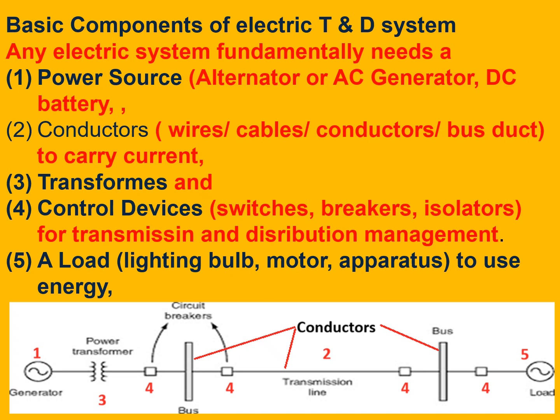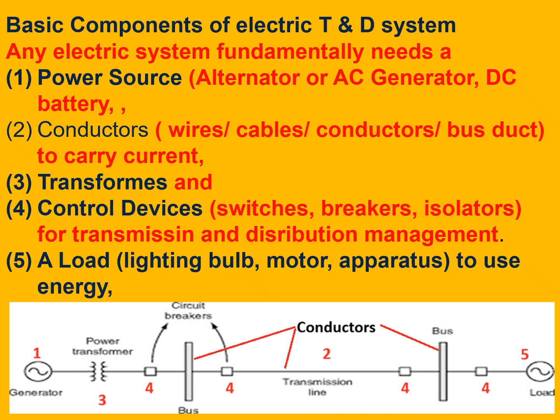The next essential item of an electrical transmission and distribution circuit is control devices, which may take the form of switches, breakers, circuit breakers, MCBs, molded case circuit breakers, air circuit breakers, or simple isolators for transmission and distribution management.